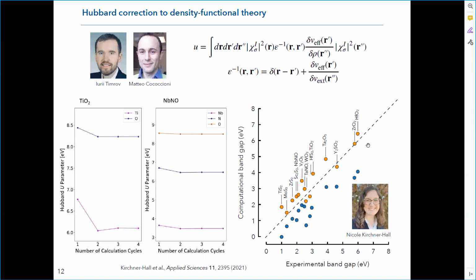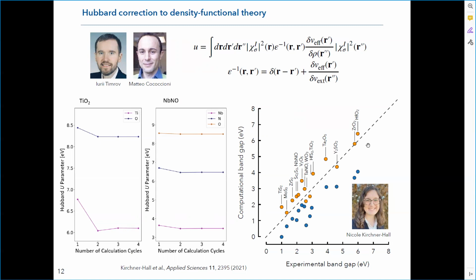So thanks to Yuri and Matteo, it is now possible to calculate this U parameter using linear response theory that greatly simplifies the application of this method to solids. So essentially, the U is nothing else than the curvature of the energy with respect to the occupation of a given atomic orbital.